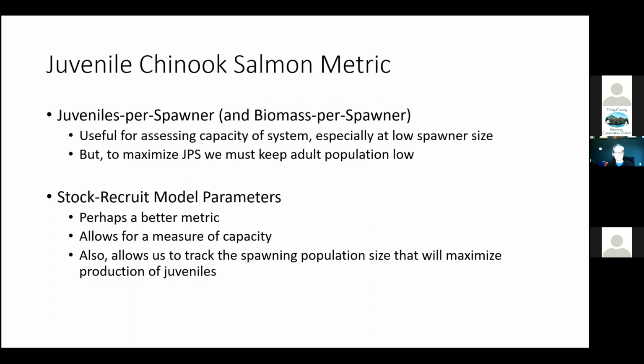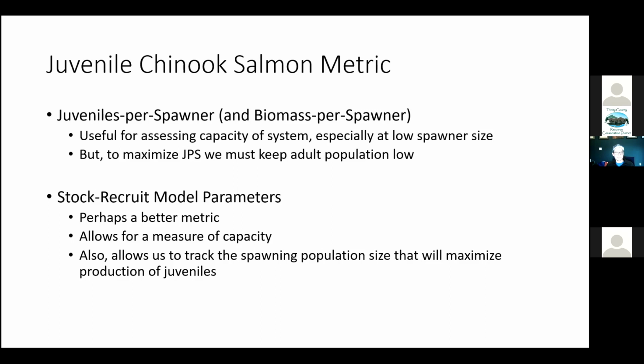So metrics. What do we use as a program to track success of juveniles? I think it's useful to not just focus on one, but to use a series of things. Juveniles per spawner and biomass per spawner could be useful in assessing the capacity of the system, especially at low spawner population size.